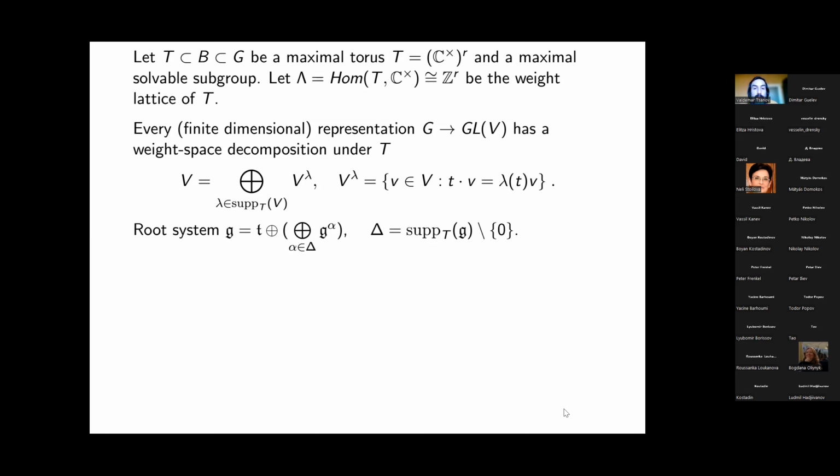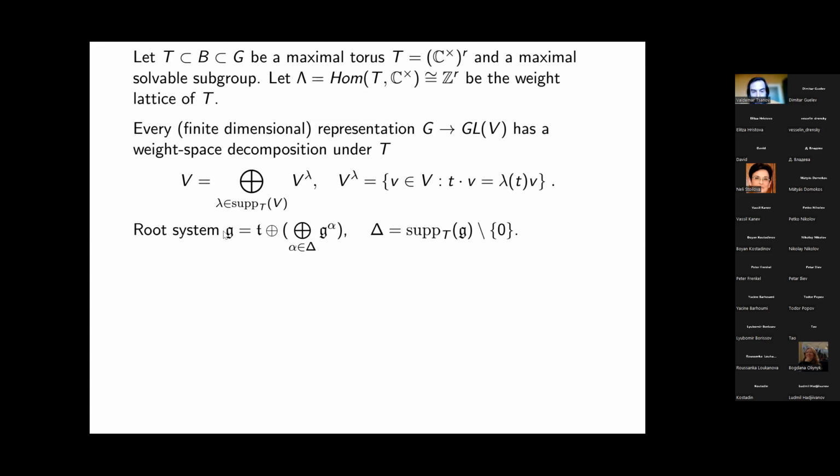And then any representation splits as a sum of weight spaces or common eigenspaces for all elements of T. And the respective eigenvalues are actually elements of big lambda. And we call the support of V these lambdas that actually occur.